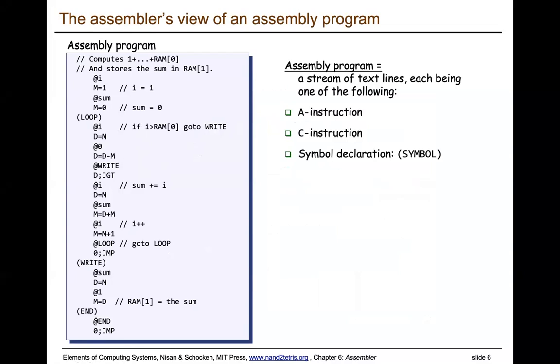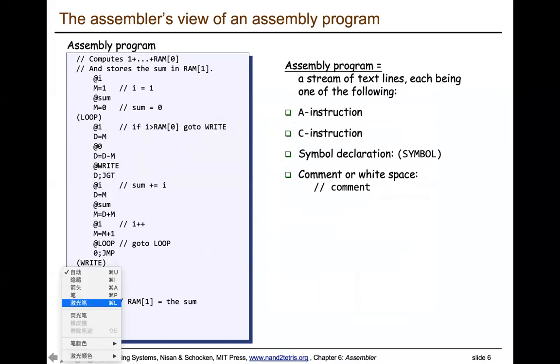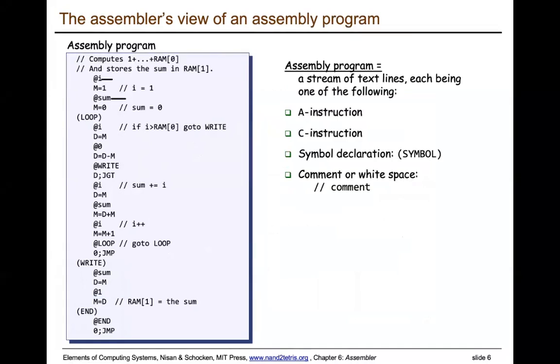Now, the third part is the symbol declaration. So symbol declaration is here. In this example, I have symbol i, I have symbol sum, I have symbol right, and the symbol loop, and the symbol end.